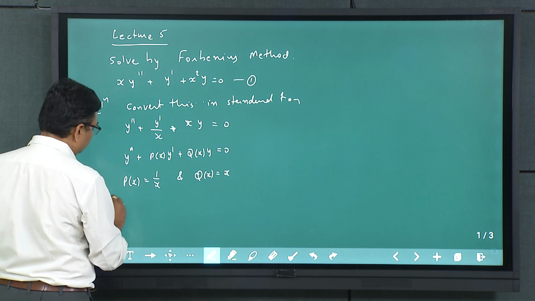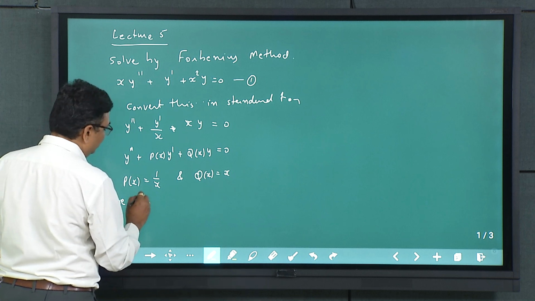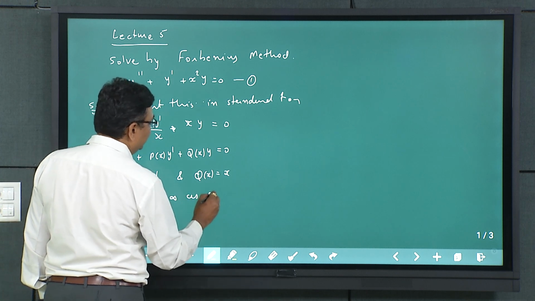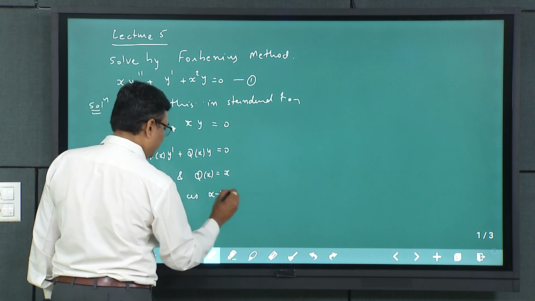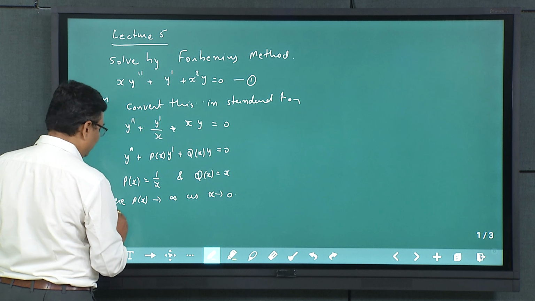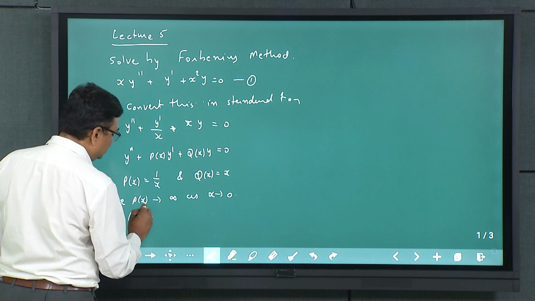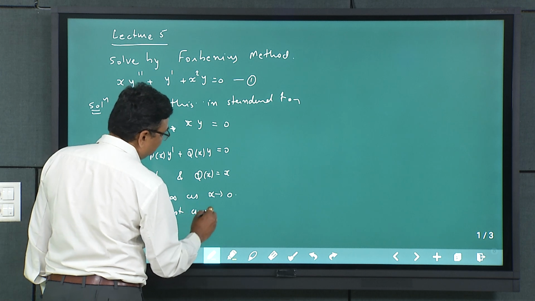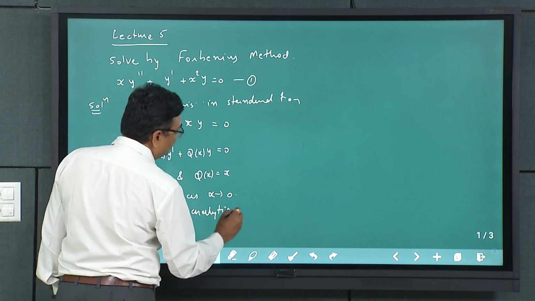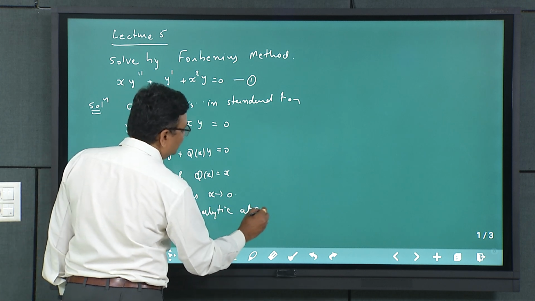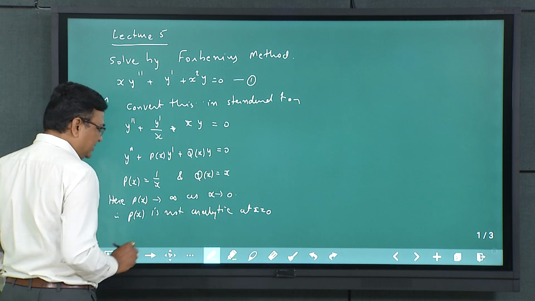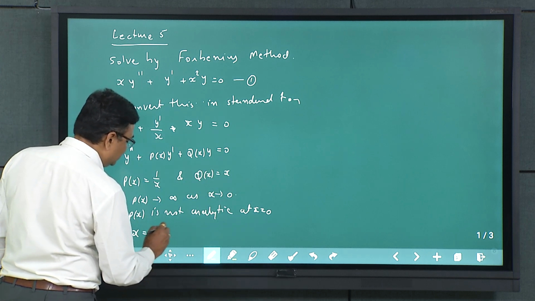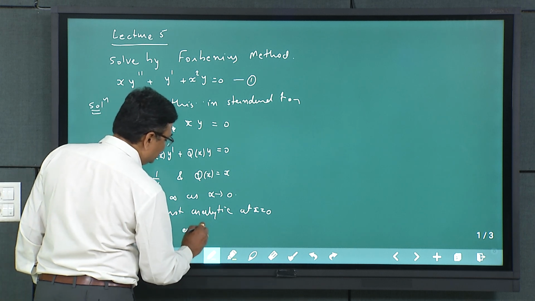Here p of x tends to infinity as x tends to 0, right? And therefore p of x is not analytic at x is equal to 0. Q of x is analytic and therefore x is equal to 0 is a singular point.